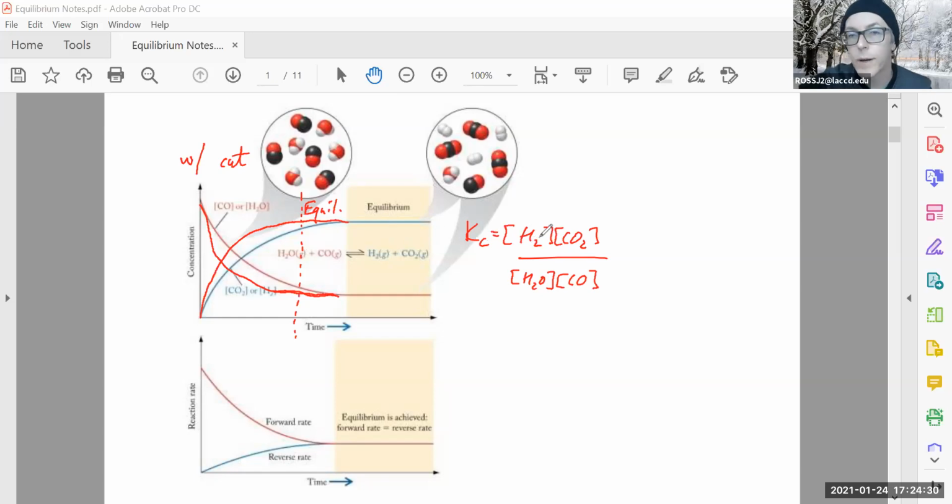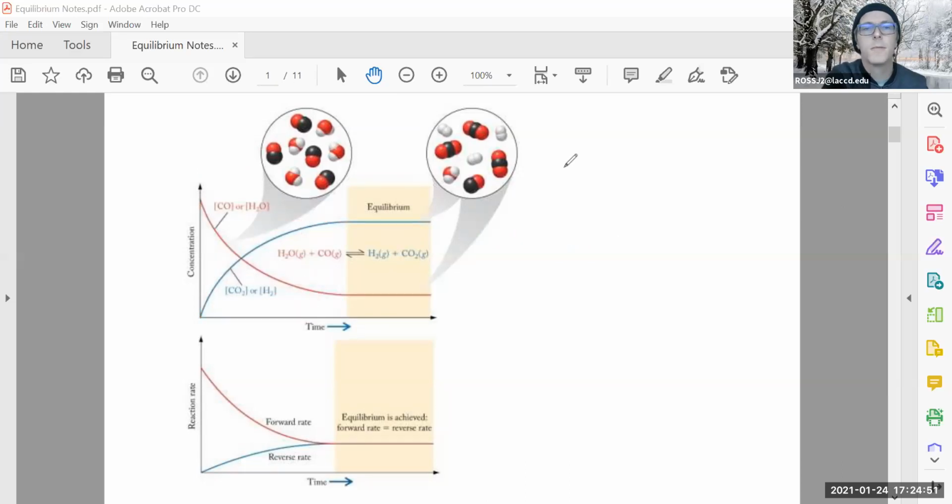But I would get there quicker. So I would have a shorter Q stage and a longer K stage with the catalyst than without the catalyst. So hopefully that was clear and straightforward.